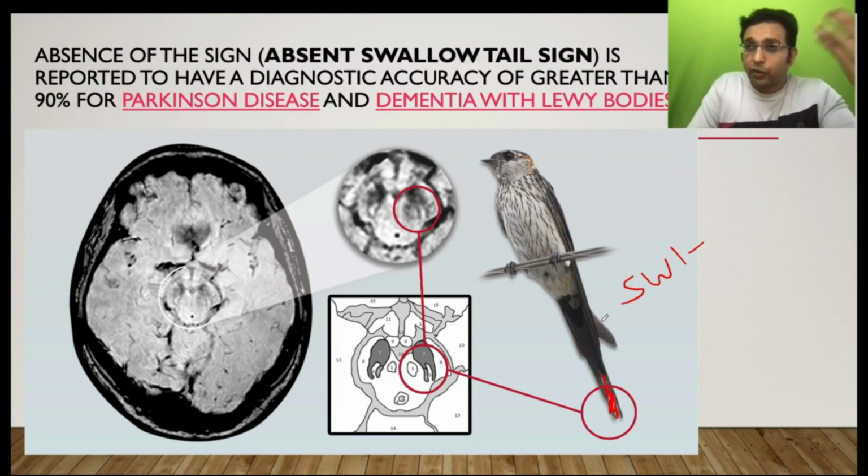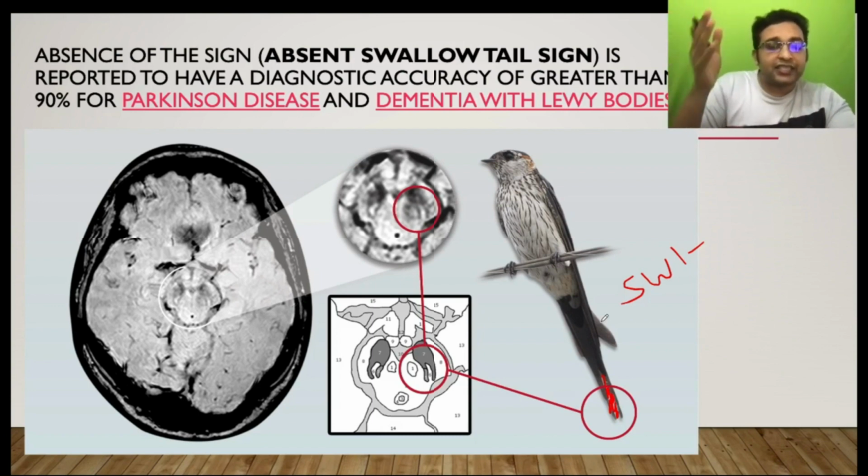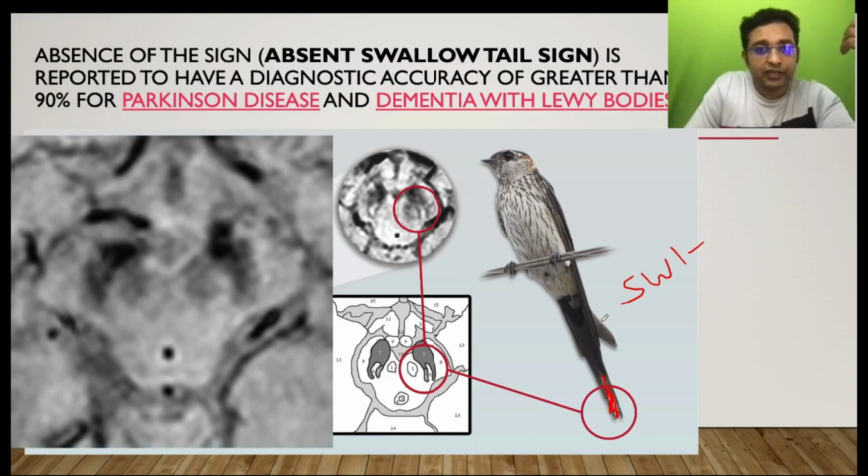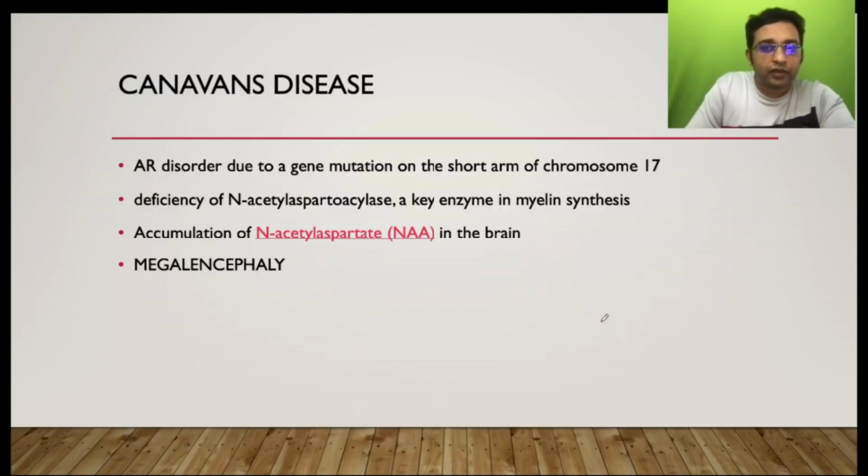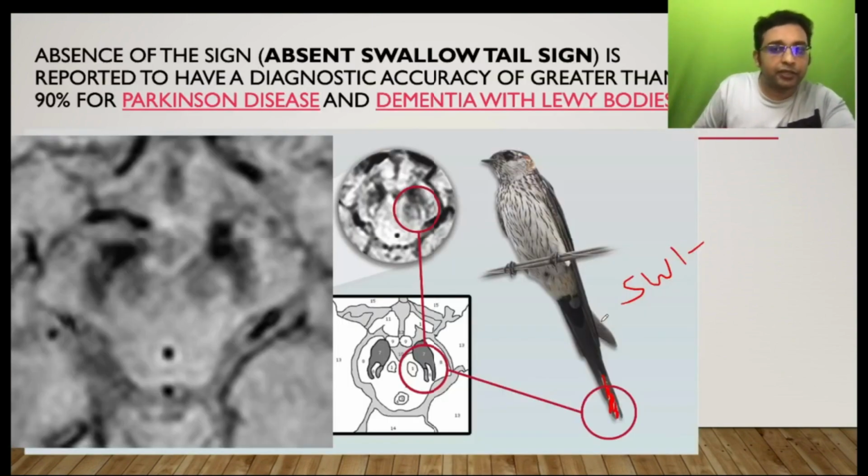So we don't need to have a dopamine scan or a DaTscan to differentiate whether a patient coming with tremors has Parkinson's disease or not. We can just see a normal SW image. It is better visualized in 3 Tesla, but this can itself get you. So this is actually the absent swallowtail sign.